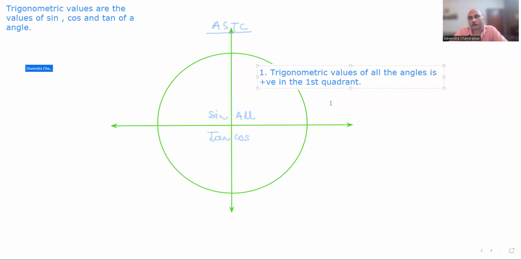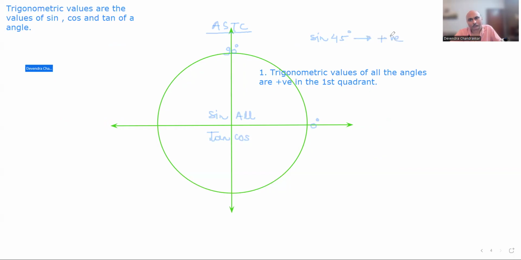So trigonometric values of all the angles are positive in the first quadrant, right? Like sine of any angle, cos of any angle, tan of any angle between 0 and 90 is always a positive value. For example, if I ask you what is the nature of sine 45, positive or negative?